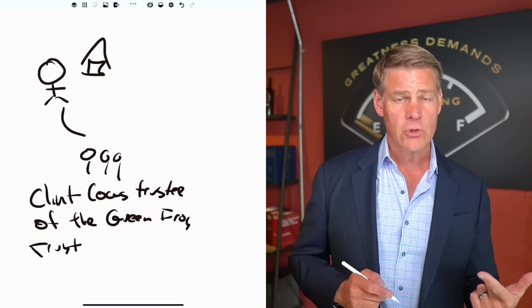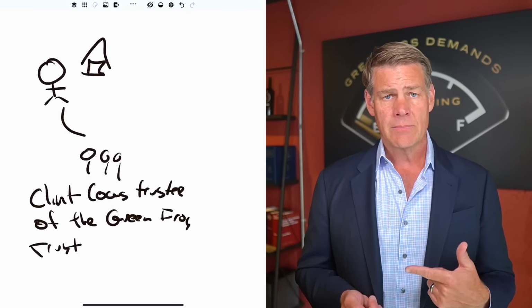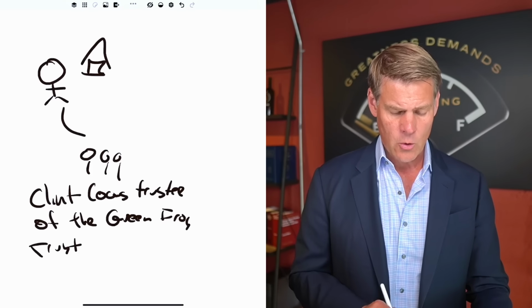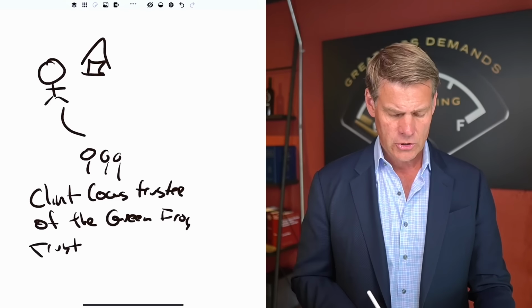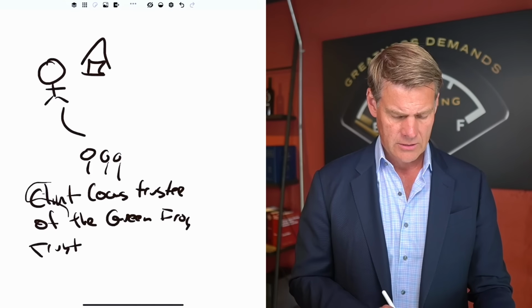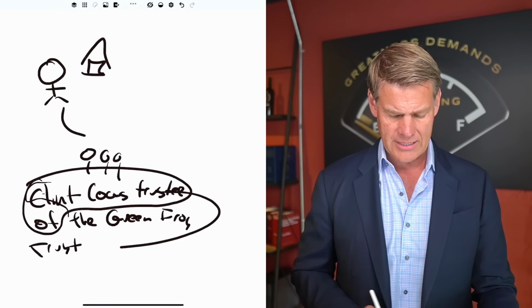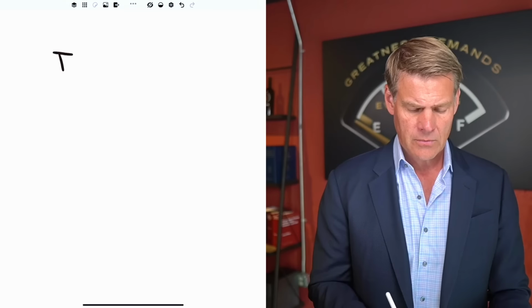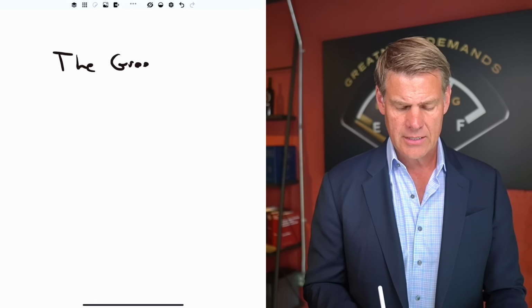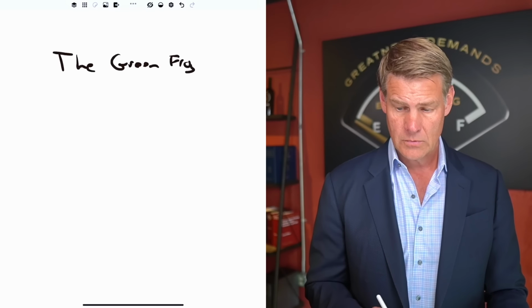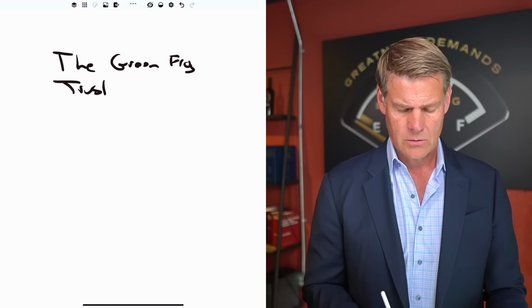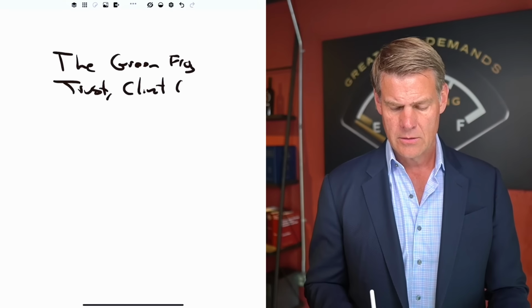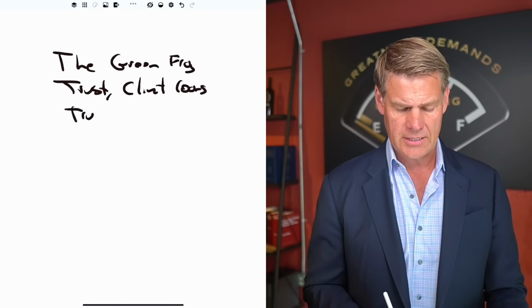Now you can do it the reverse as well. Sometimes when we transfer assets into the trust, if we don't want the trustee's name appearing first, we can move all of this information and put it at the end. So title can be transferred as follows: to the Green Frog Trust, comma, Clint Coons, trustee.